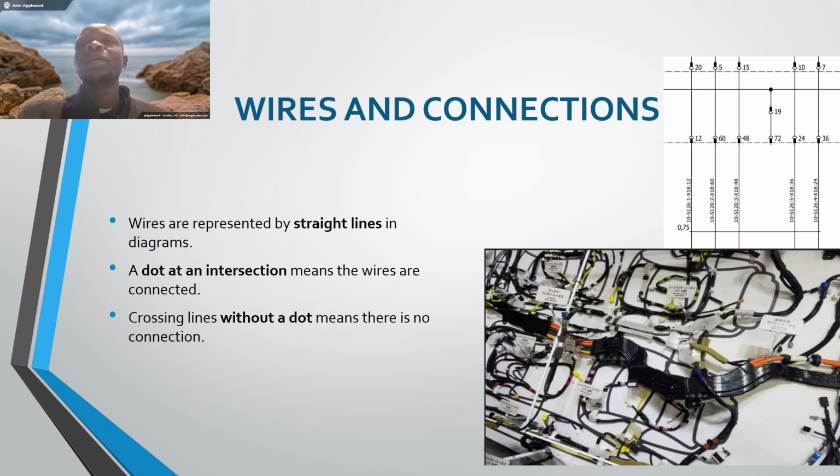As you can see in our sample, we have one point where we have a dot, with one line coming to 19. It means line 19 is connected to that wire, and the others you can see are just crossing over. If it is crossing over, it just means it is a normal wire, it's not connected. So please don't connect wires which are not supposed to be connected.